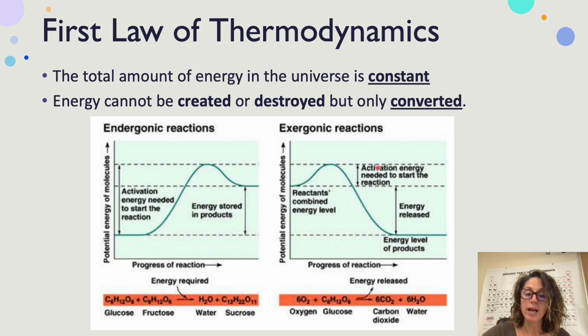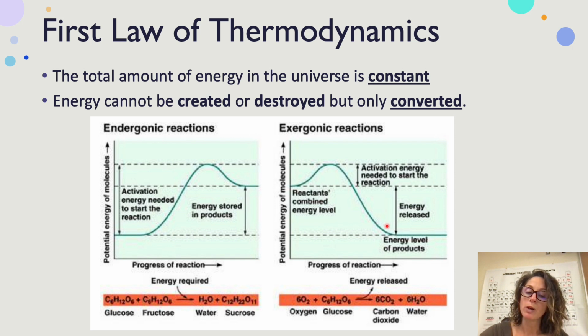Next we have an exergonic reaction. In an exergonic reaction, we start with a high amount of energy. A little bit of energy has to go in to get the ball rolling for the reaction to occur, and then the reaction happens and a lot of energy is released. So we start with a higher amount of energy and then energy is released, so the molecules have less energy.